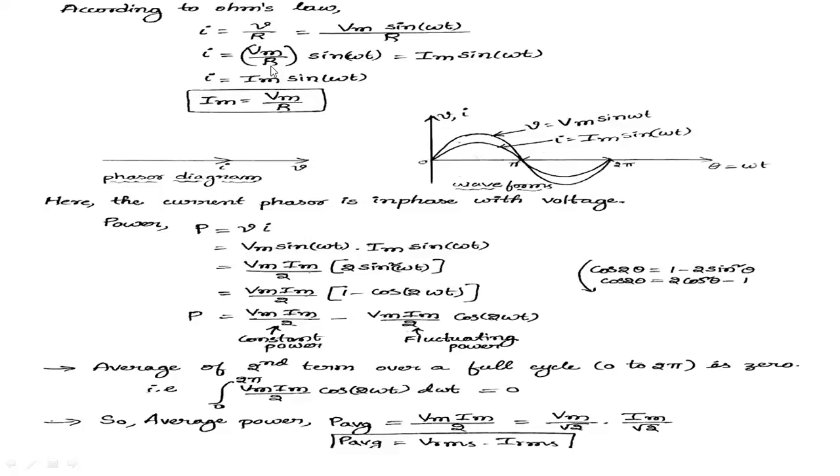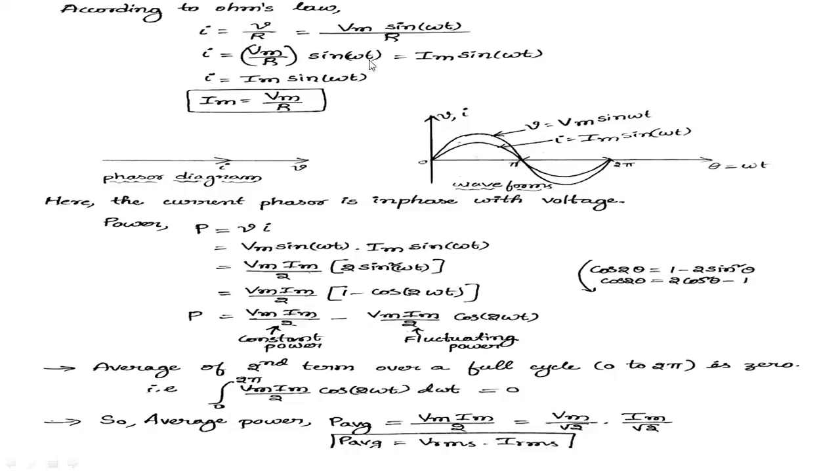Here Vm by R gives the maximum value of current, Im.